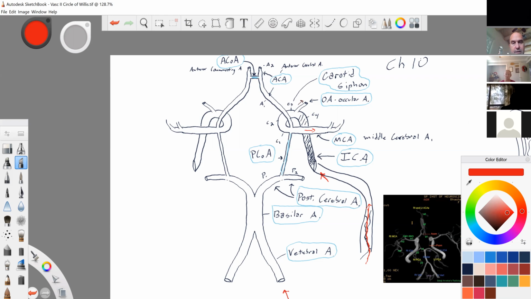But if there is no flow at all, then you can assume the rest of the vessel is thrombused, up until this point at the ocular artery.